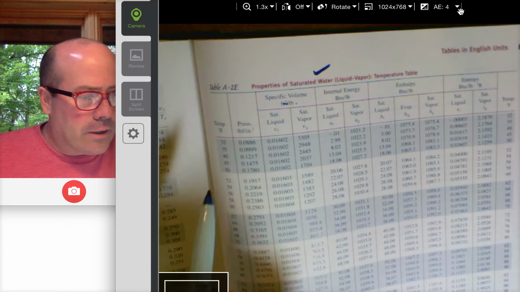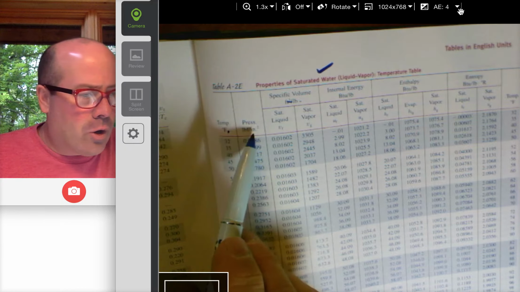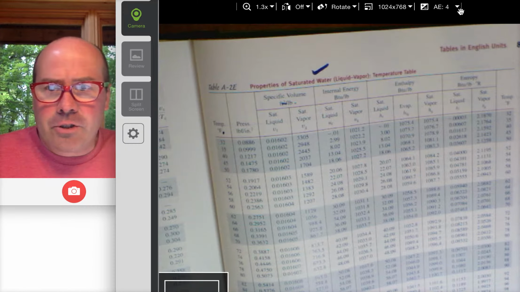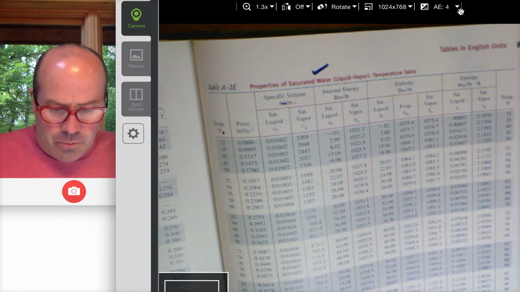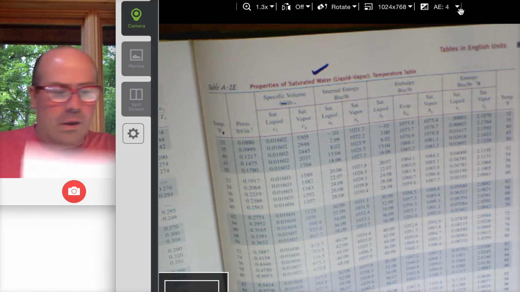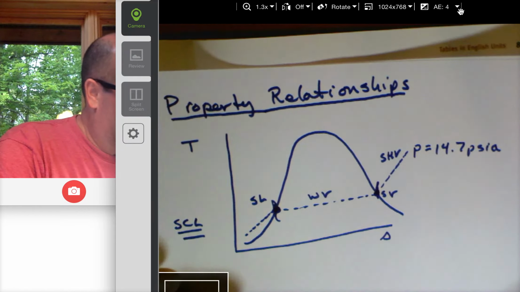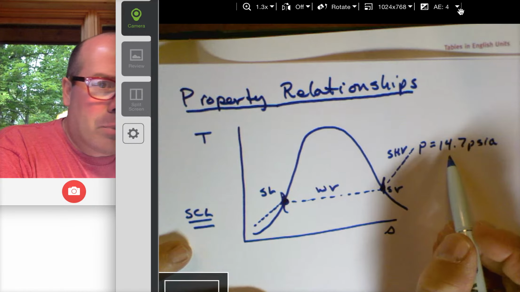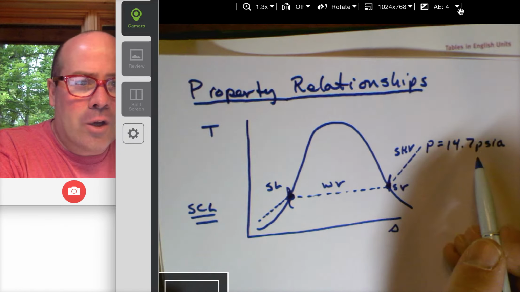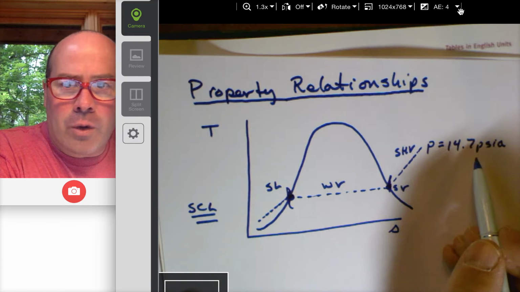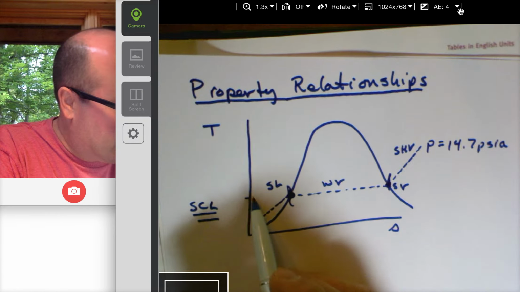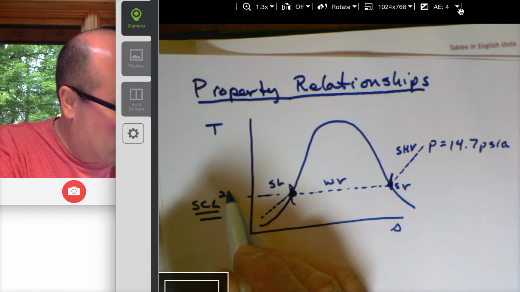The third thing to look at is these 2 columns right here, temperature and pressure. Now temperature and pressure are special. They go together. For every pressure, there is exactly 1 temperature where water boils, and that is, and everybody knows it, 212 Fahrenheit.